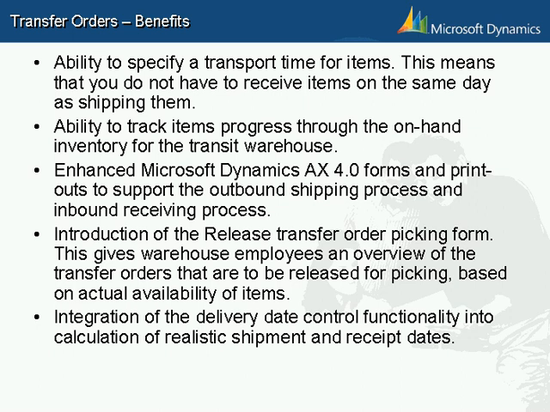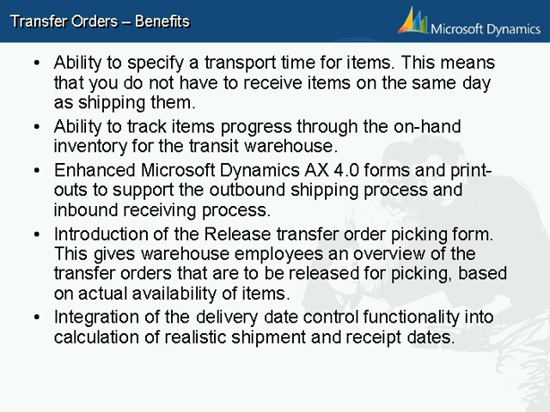Introduction of the release transfer order picking form. This gives warehouse employees an overview of the transfer orders that are to be released for picking based on actual availability of items. Integration of the delivery date control functionality into calculation of realistic shipping and receipt dates.